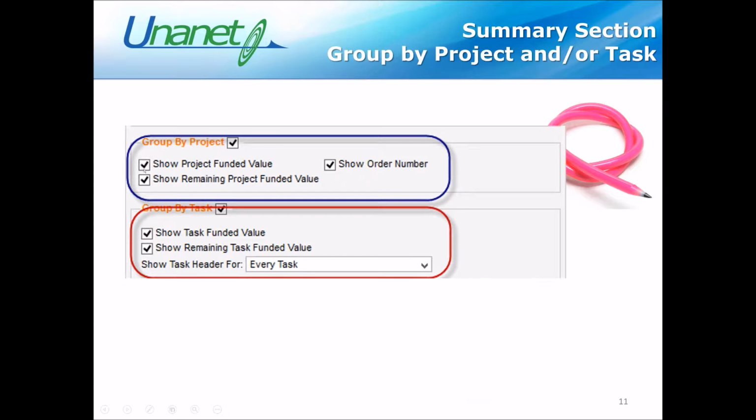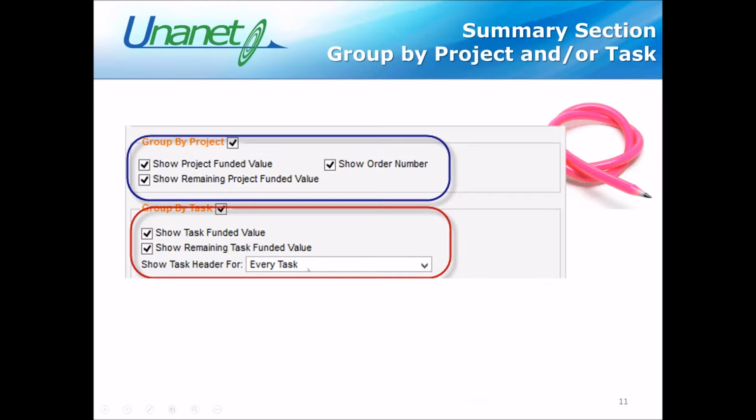You might want to also show a funded value, a remaining project funded value. If you have an order number on that project billing setup page at the project level, you can say, yes, I'd like to show that. And then you could also go down and say, I also want to group it by task within that project. So if you are putting funded values on your tasks, you have an option of showing those as well.